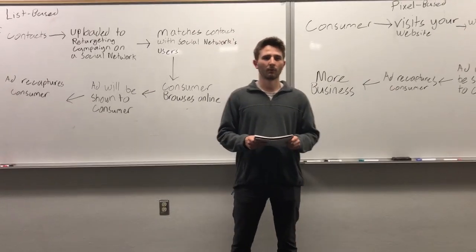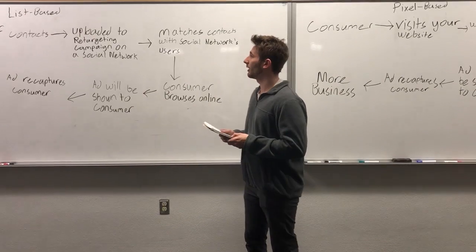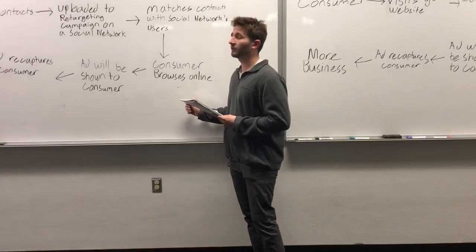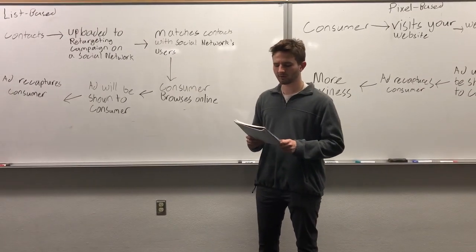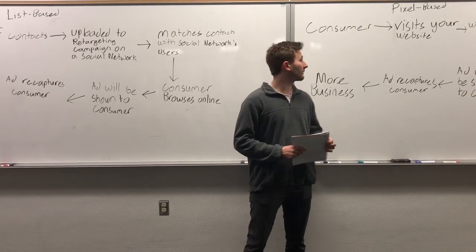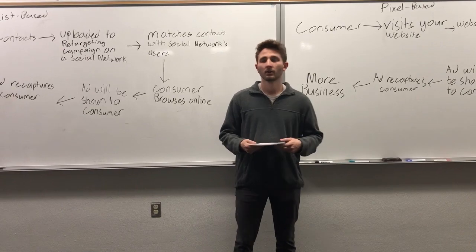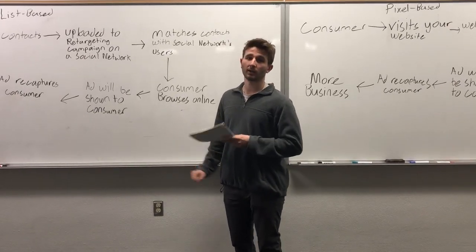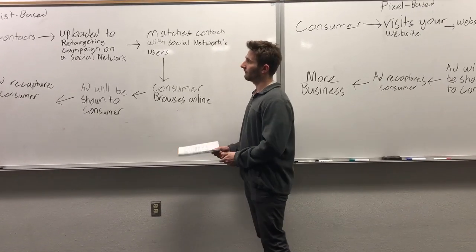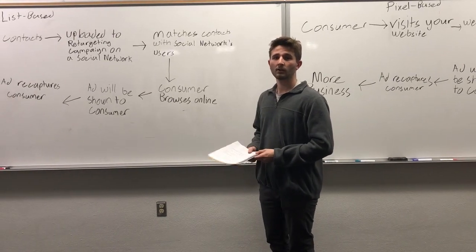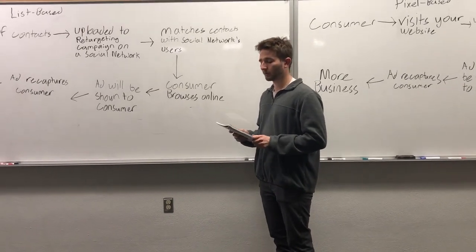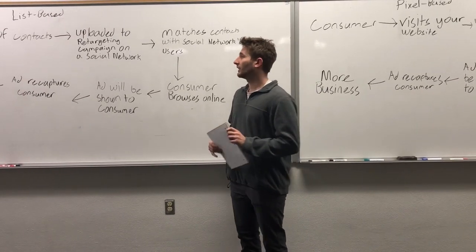Now for Sterling Carpet One, I think it's going to be most important to use a list-based type of retargeting, as I know that you guys do not have full control over your company's website, but you do have your own social media here in town. So you can definitely take your contacts from that along with the ones you have generated from your store and create the list.